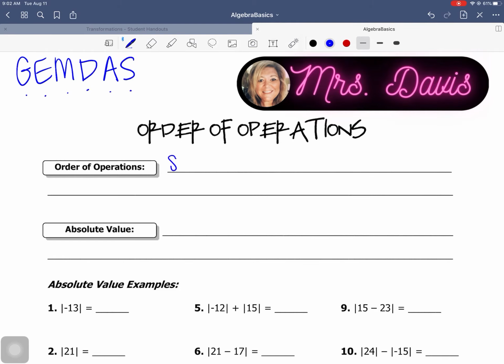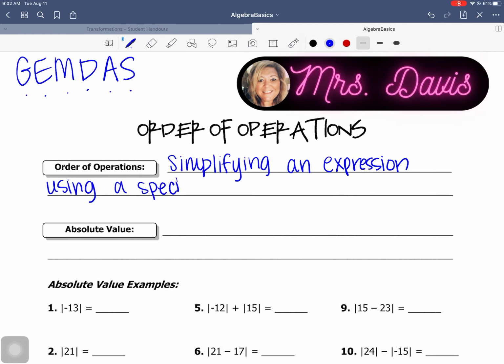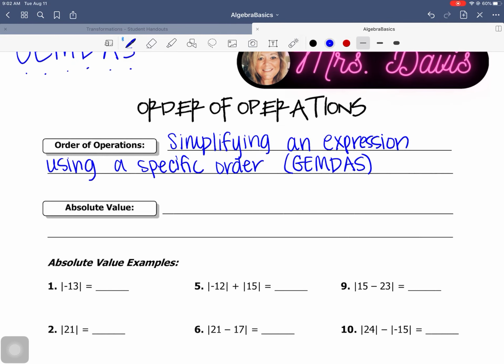Let's put a definition. Simplifying an expression using a specific order.